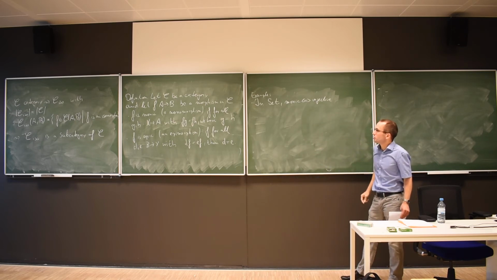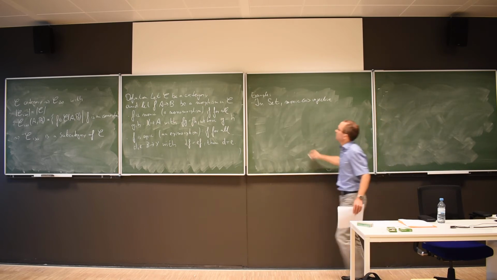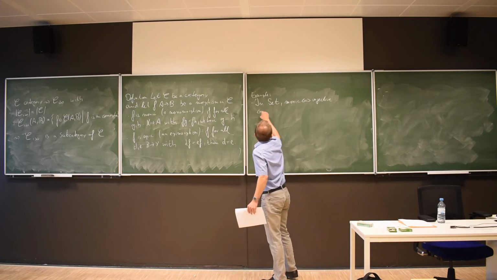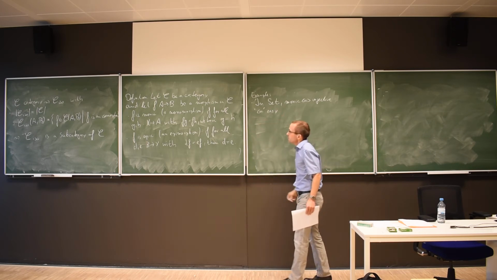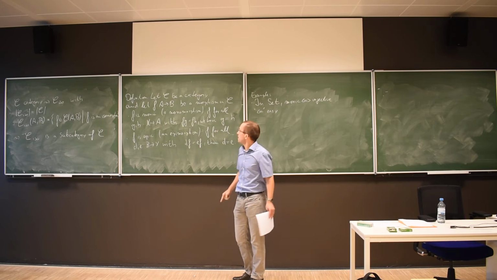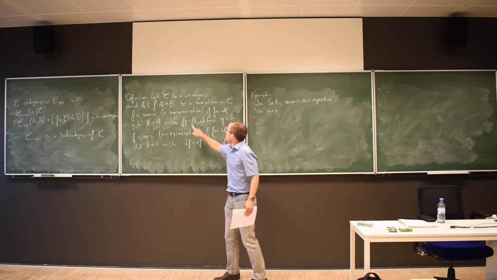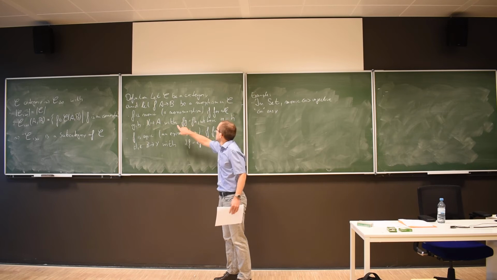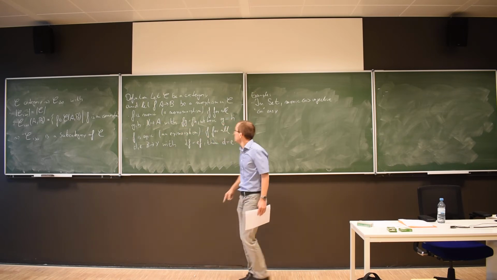Let's briefly check this. The implication injective implies monic is in fact easy because if these are maps of sets and F is injective, then we can cancel F here by the very definition of injectivity.